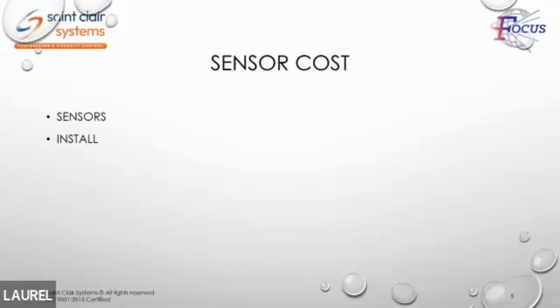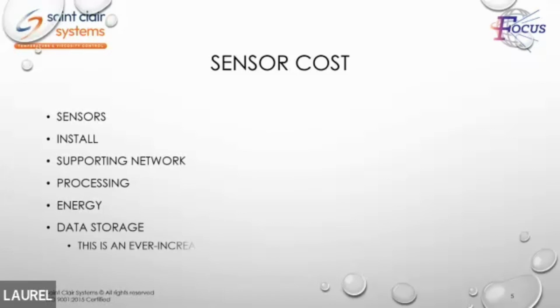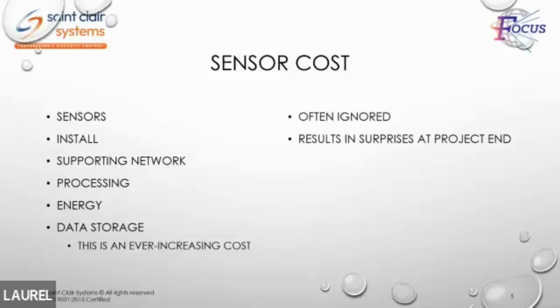There's the installation of the sensors, the supporting network to gather the data, the processing involved after we've got the data, the energy that it takes to power the sensors. And then there's the data storage. And this is an exponential cost. It grows day after day after day. We'll talk a little more about that as we go through. The problem is, some of these things are ignored at the beginning of our project, and that makes for some pretty rude surprises on the back end.